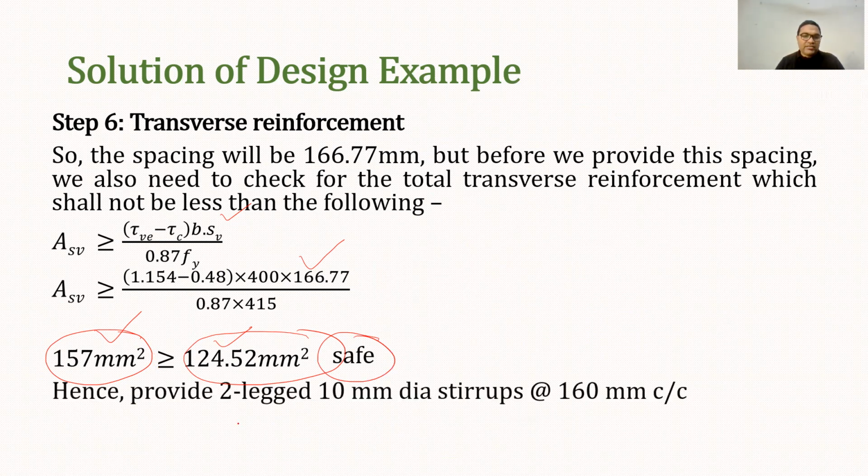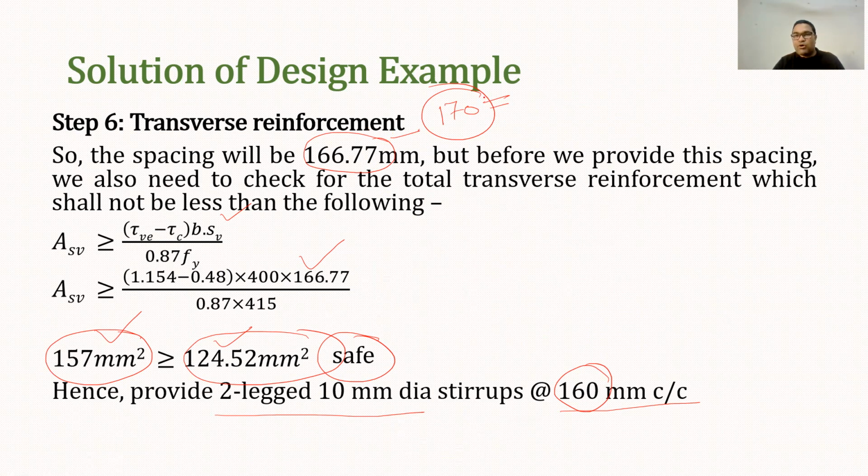And now we can say that we provide two-legged 10 mm dia stirrups at the rate of 160 mm center to center. So again, you can see that required spacing is 166.77, but we have rounded off this value to the lower side. If we round off this value to the higher side, say 170 in the multiple of 10, then spacing will be more and the number of reinforcement will be less, which means the required reinforcement will be higher than the provided one.